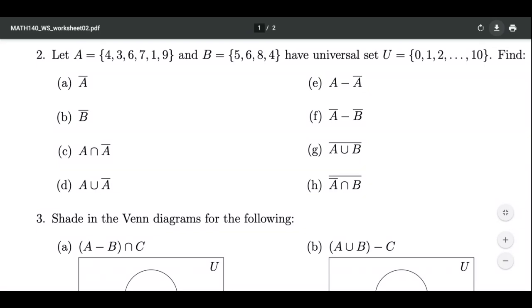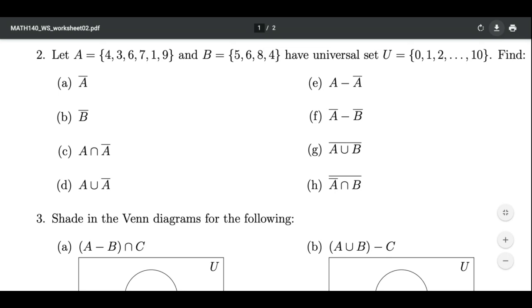All right, G and H. 5 and 8. So A complement subtract B complement equals the set with 2 elements. Okay, I tapped in the chat. Lino has the answer for G, right?